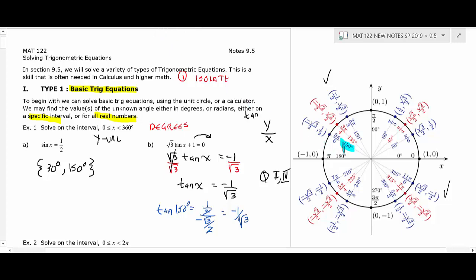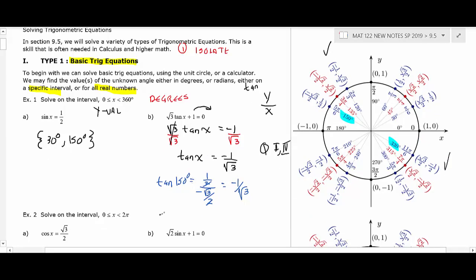The other place this is going to happen is in quadrant 4 at 330 degrees. If you look at the tangent of 330 degrees, again it's y over x, so you would have -1/2 all over root 3 over 2. The 2's divide out, so you're left with -1 over root 3.